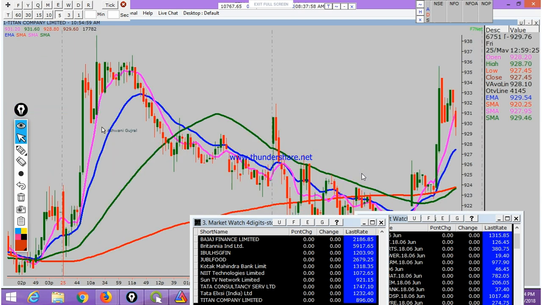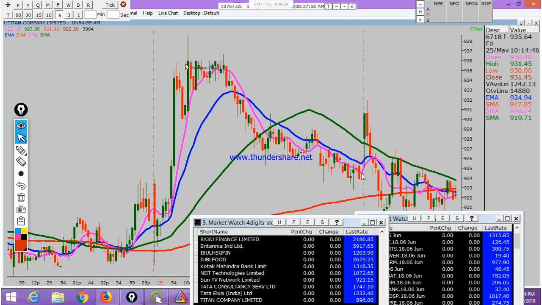Can you see this bar? The spike we have. See this sort of spike? This is the spike or the plunge you are waiting for to get short on.